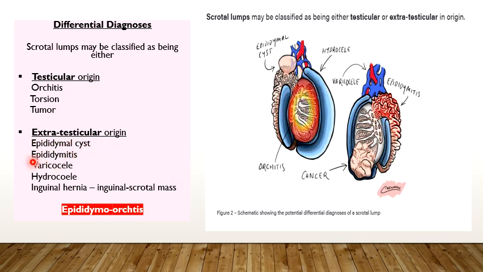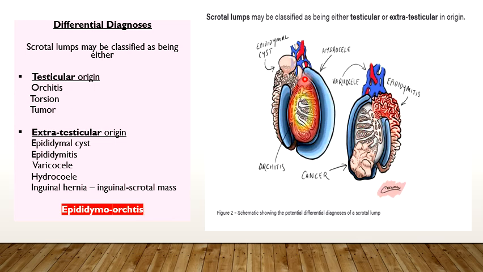The commonly encountered conditions are epididymal cyst, epididymitis, varicocele, and hydrocele. And usually epididymitis is due to either viral or bacterial infection. It usually occurs together with inflammation of the testis, which is known as epididymo-orchitis.